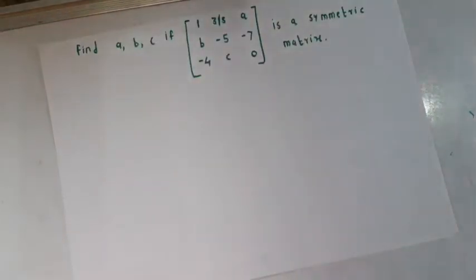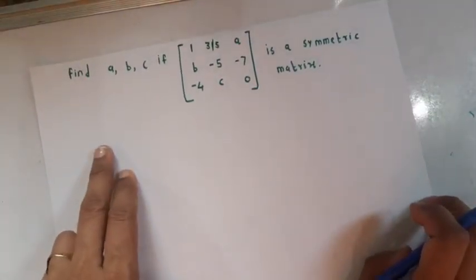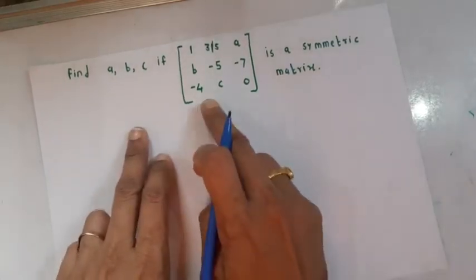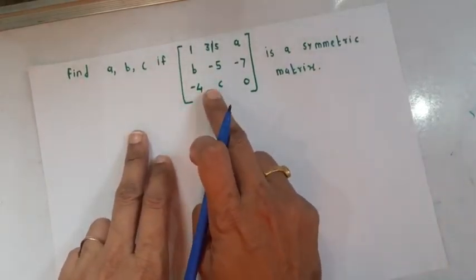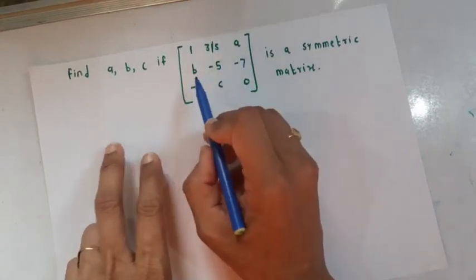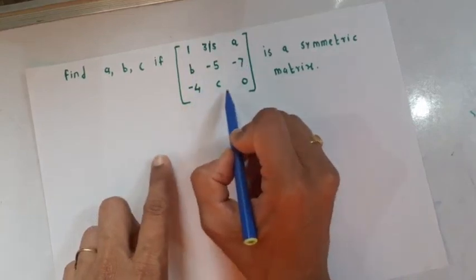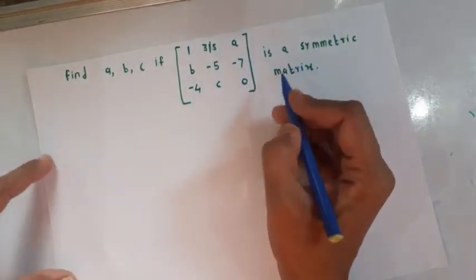Now the next problem is to find A, B, C if the matrix 1, 3, 5, A, B, minus 5, minus 7, minus 4, C, 0 is a symmetric matrix.